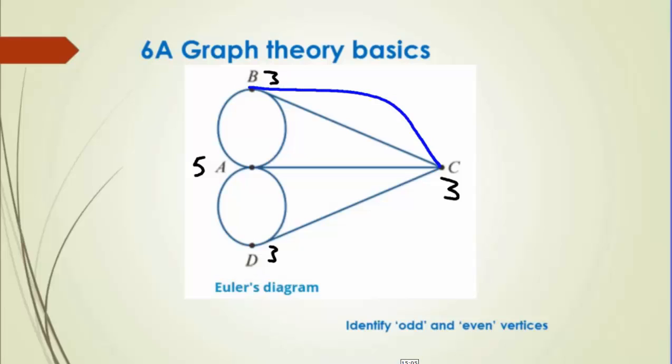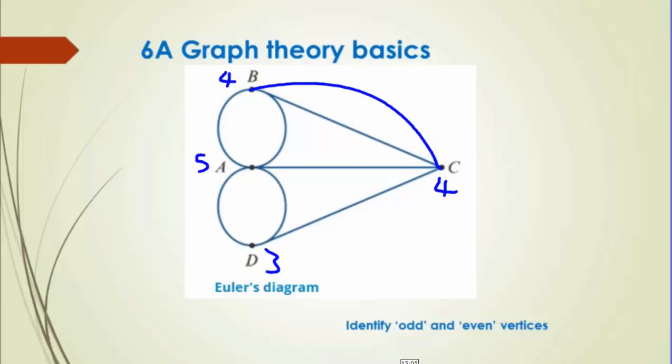If we build a bridge from B to C, then B has now got 4, C has now got 4, and A and D are still 3. The question now is this traceable? So we'll just get rid of those numbers and put the line back in again. Change the numbers. We have two odd nodes.